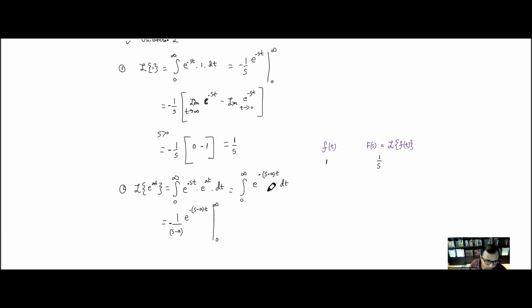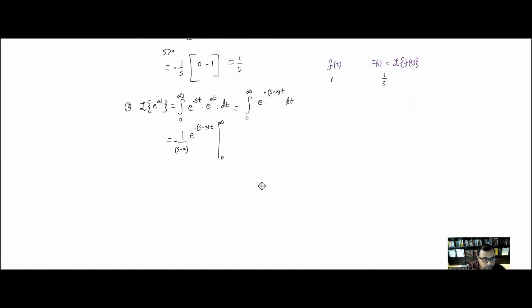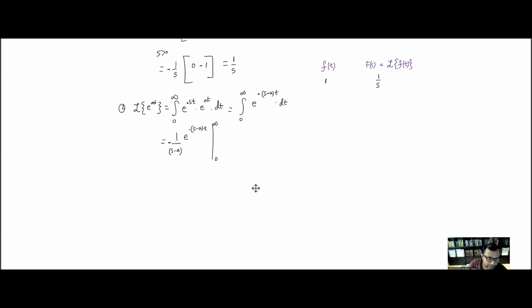Now, here we are again faced with a problem of convergence and divergence of this integral. So there are two cases. If s minus a is greater than 0, then this integral becomes convergent. We can solve this integral.